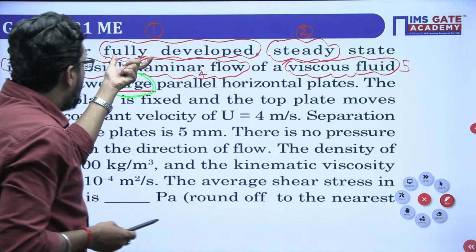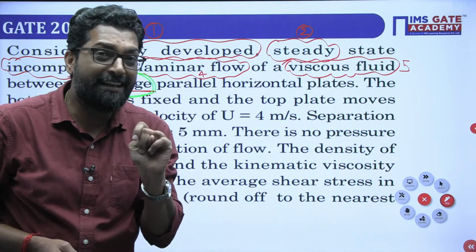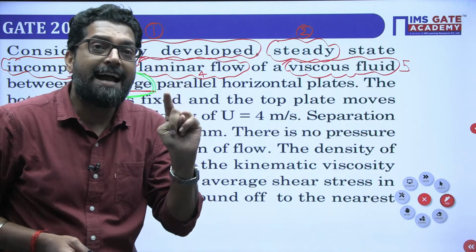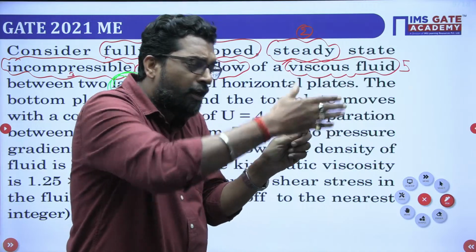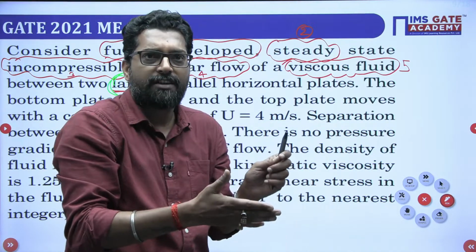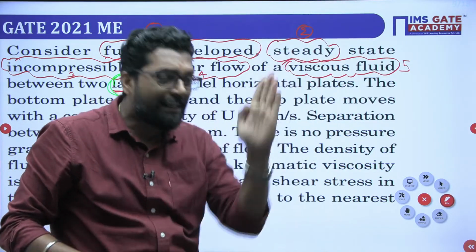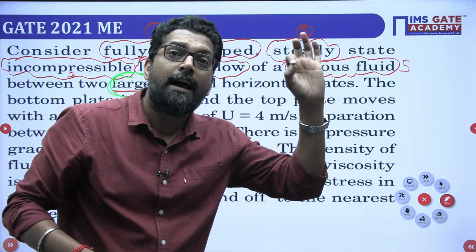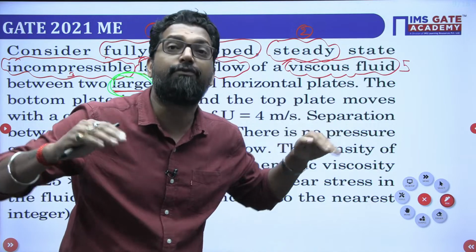Fully developed has two meanings. The first meaning is that if the fluid is fully developed and you take any cross section, all the points along that cross section have viscosity, that is, the fluid behaves as a viscous fluid.